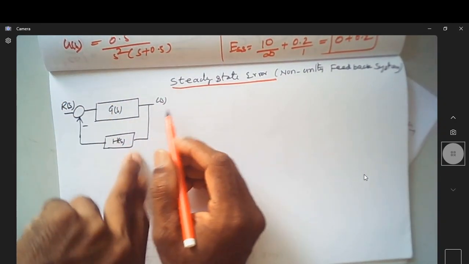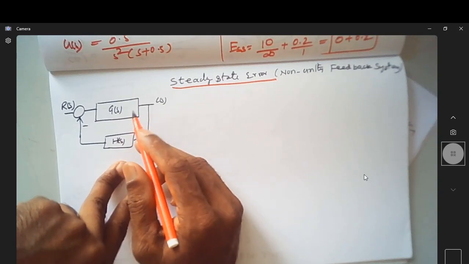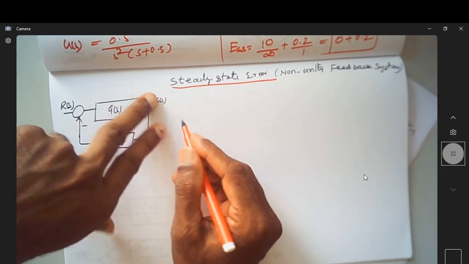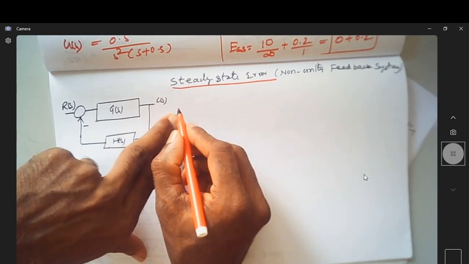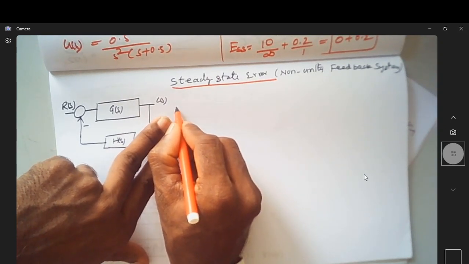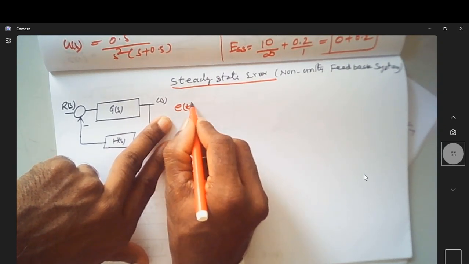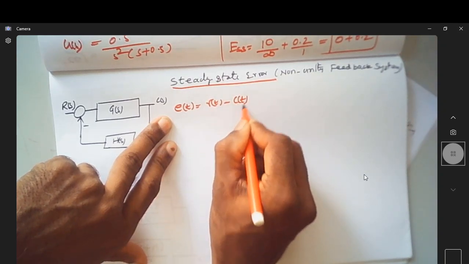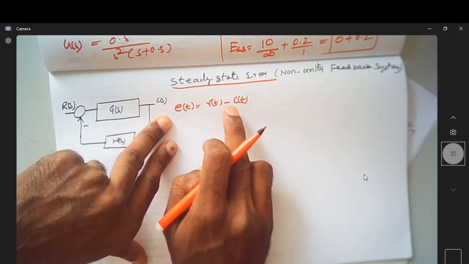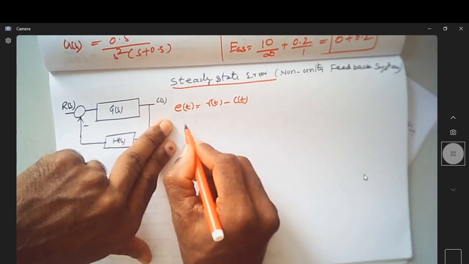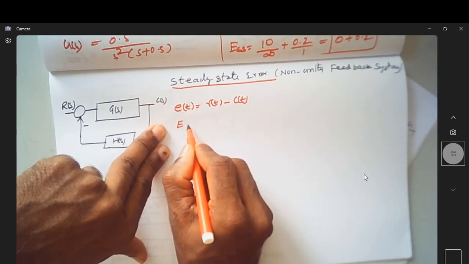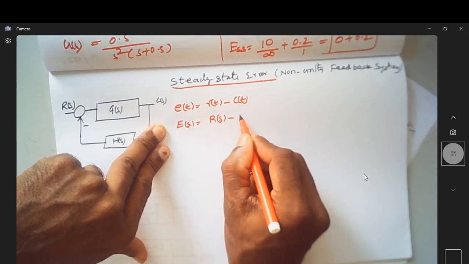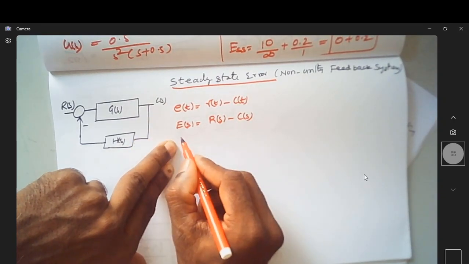So let us try to find out how we get the steady state error when the feedback system is non-unity. Again, let us go with the very basics. The error of a system is nothing but r(t) minus c(t), that is, desired output minus the actual output. If I take the Laplace transform, E(s) is nothing but R(s) minus C(s).